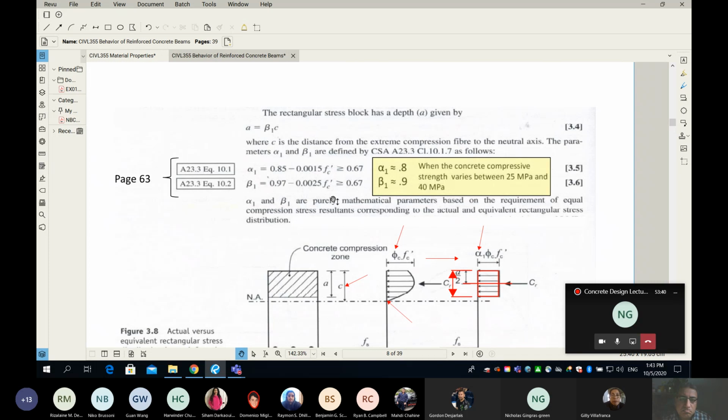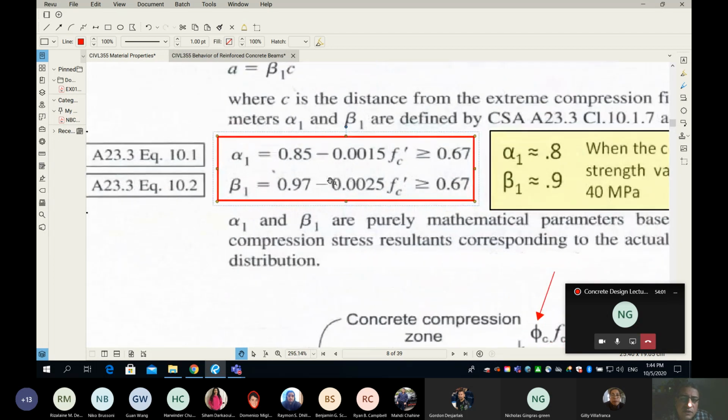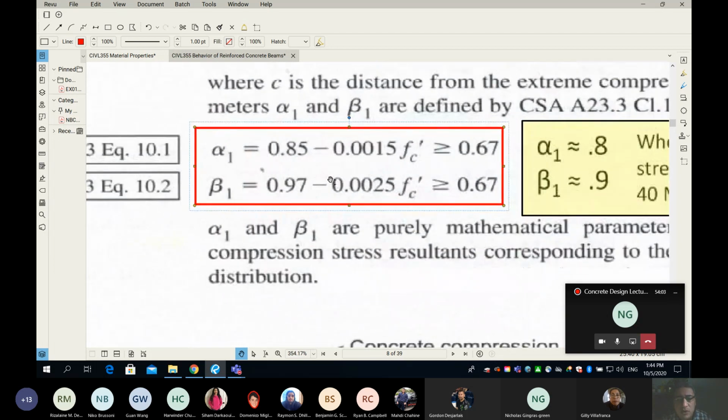So the code, on page 63, equation 10.1, equations 3.5 and 3.6. Guys, here are the two equations that the code gives us to find alpha 1 and beta 1. Let me zoom in so you can see. Very simple equations.